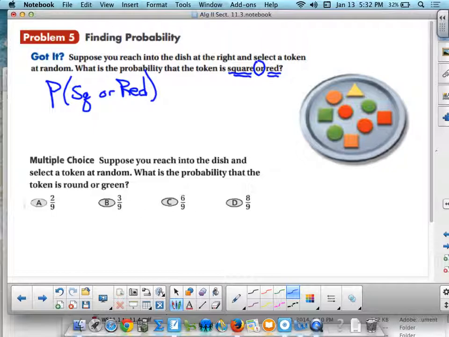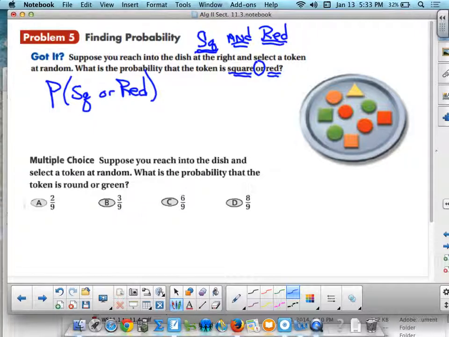Now, before you start this problem, you should say to yourself, is this a mutually exclusive event, first of all? Mutually exclusive means, is there a chance it can be a square and can it be red? Now remember, mutually exclusive means this can't happen. Can one of the objects be a square and can it be red?